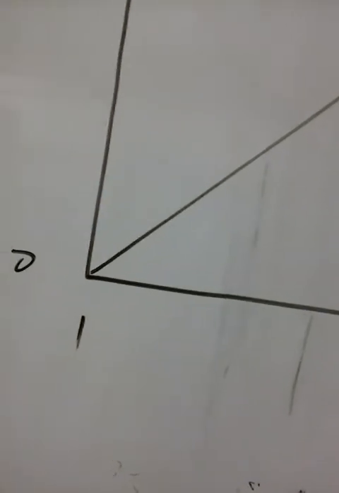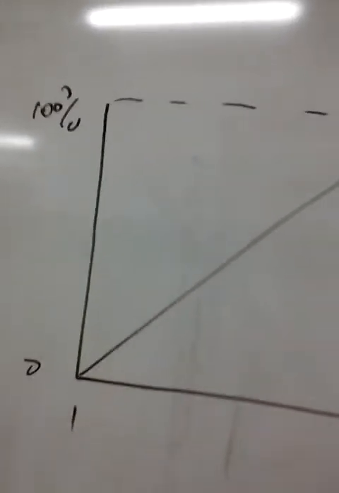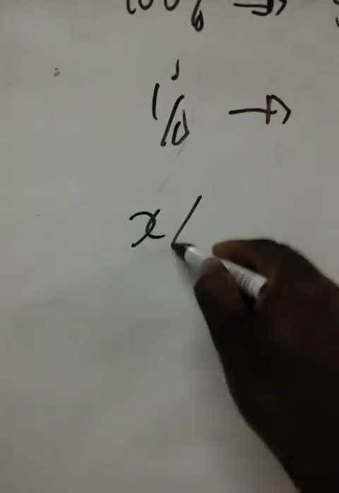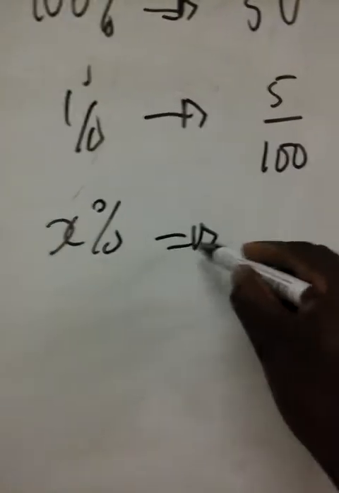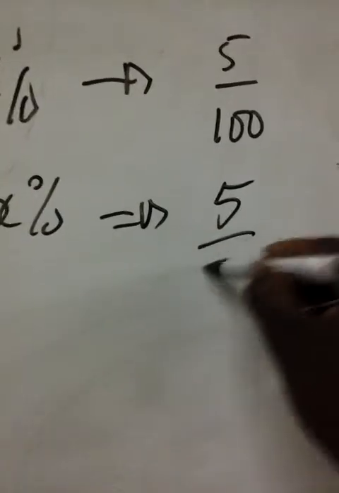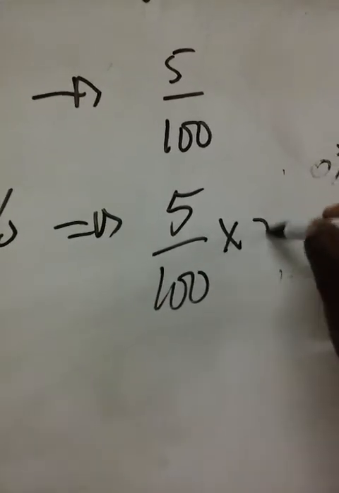That means that when you reach 5 volts, the level in the tank will be 100. You can say if 100% gives me 5 volts, that means 1% will give me 5 over 100. Then X% will be 5 over 100 multiplied by X.